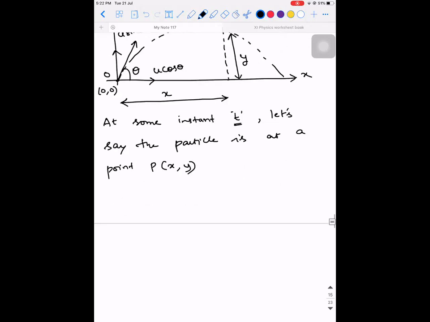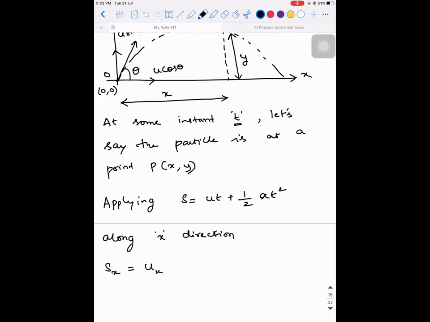Now I'm going to apply s is equal to ut plus half at square along the x direction. So sx is equal to ux into t plus half into ax into t square.